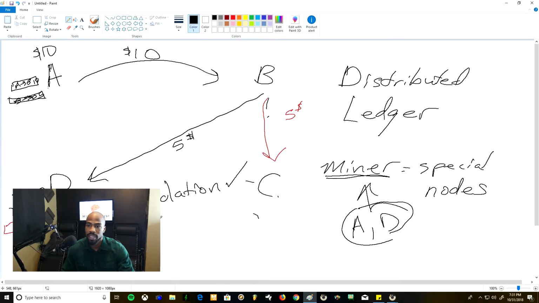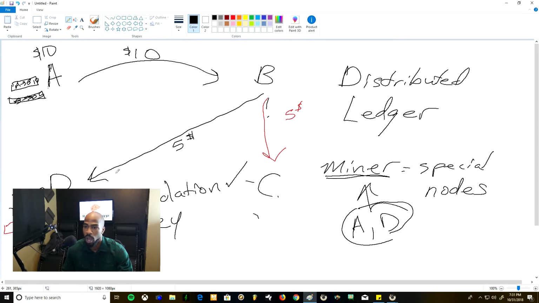Now the second part is the tough part. And this is finding the key. Now on these transactions, A or D could easily solve these as fast as possible and publish it to everybody's ledger, but since that's so easy to do, it would make it so that there is no security and there is no reward based system, okay?